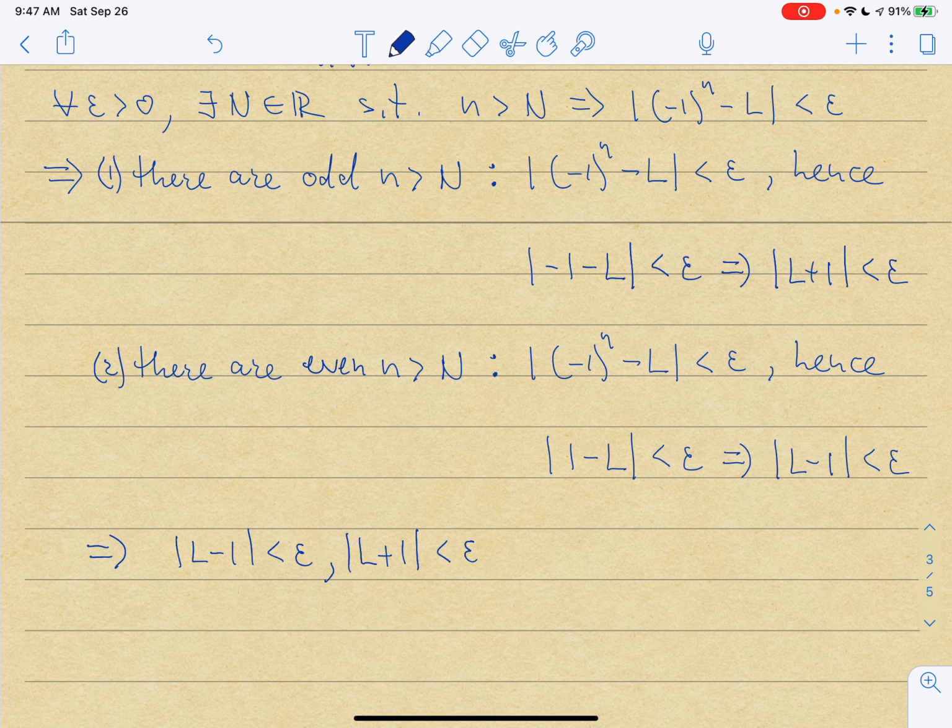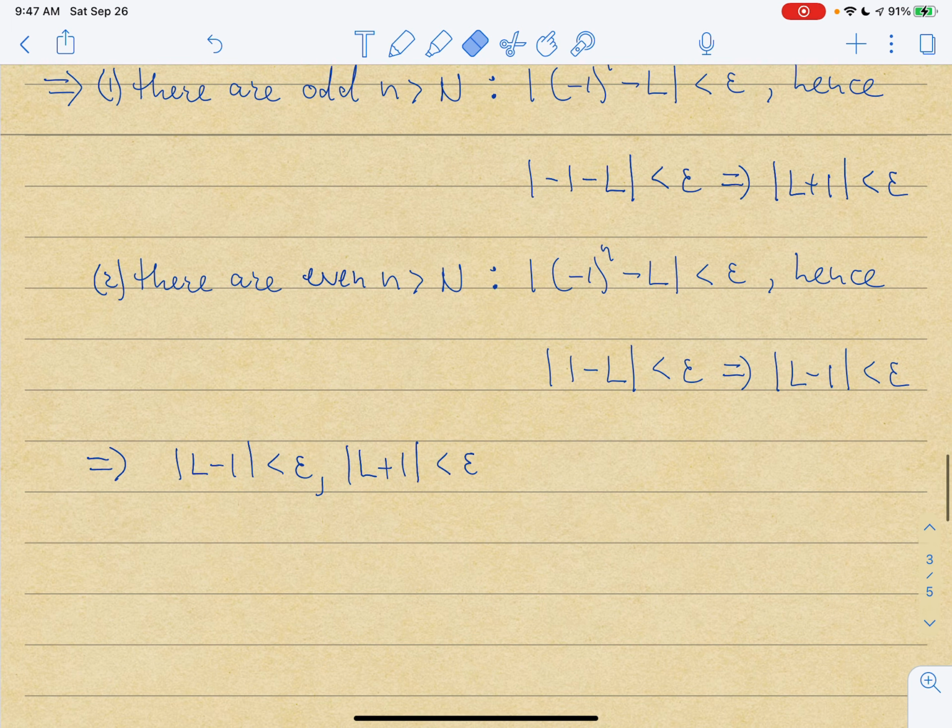Okay, that means that actually the distance between L and 1 is less than epsilon, right? That's the first statement. And the second statement says that the distance between L and minus 1 is less than epsilon. Well, but if that is the case, then the distance between 1 and minus 1 should be less than 2 epsilon, right?